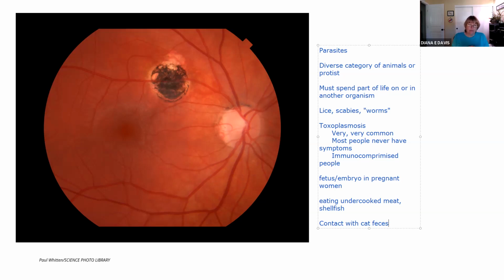Because if your cat has ever gone outside, it probably has toxoplasmosis. If your cat has toxoplasmosis, eggs are going to be in the feces. And if you accidentally handle the feces and then touch a mucous membrane, you can be infected.